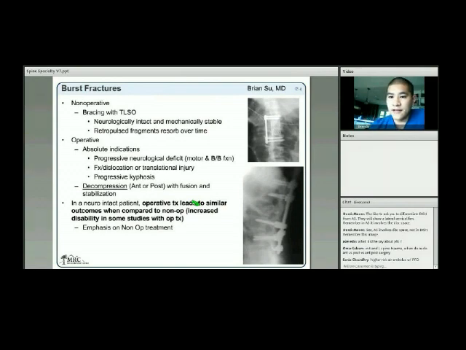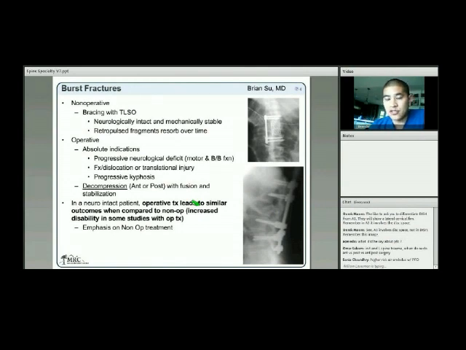In general, for the in-training, burst fractures should be treated non-operatively with TLSOs, especially in somebody that's neurologically intact and mechanically stable. If they show you something that looks big and bad, there's lots of canal compromise, retropulsion, but yet the patient is neurologically intact and it's a mechanically stable fracture, the answer is non-operative with bracing. The retropulsed fragments do heal over time as the patient is braced.